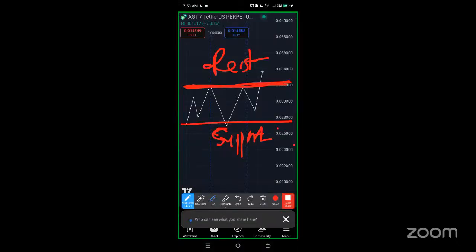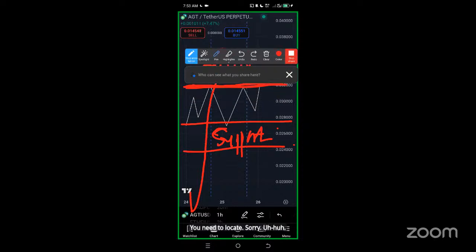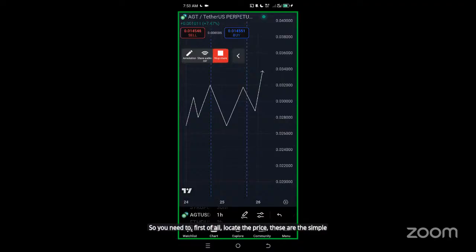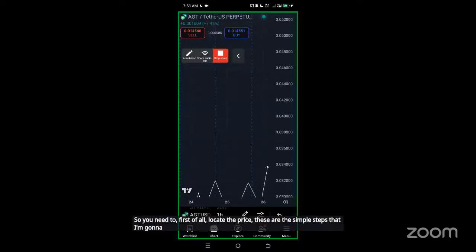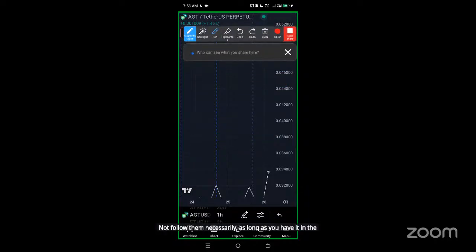So you need to, first of all, locate the price. These are the simple steps that I'm going to use. You may not necessarily follow them, as long as you have it in the back of your mind. That's okay. First, you locate the price, the market price.